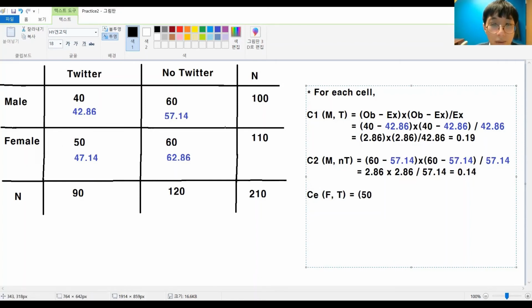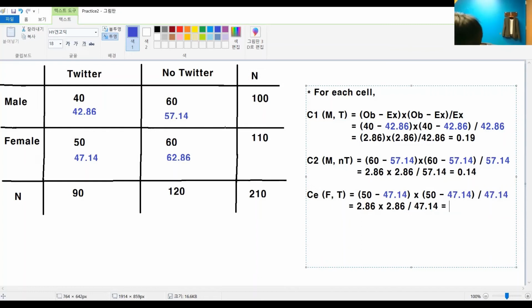The observed frequency is 50, so we have to subtract the expected count, square that, and divide by the expected count of 40. And you will get a number of 0.173.